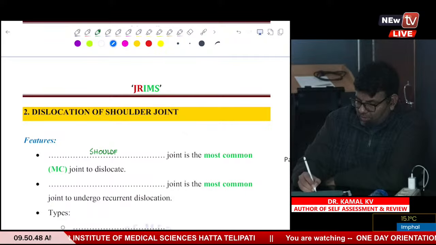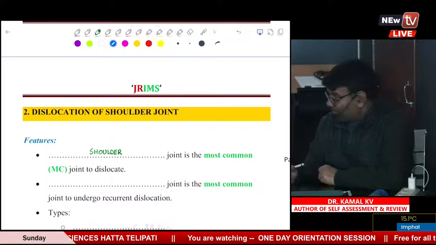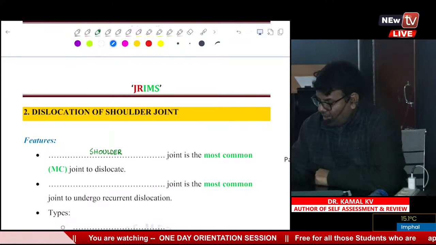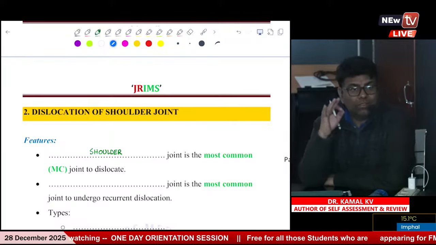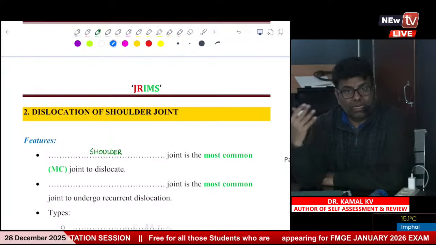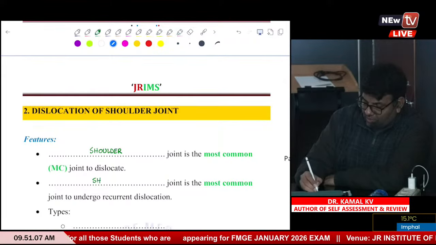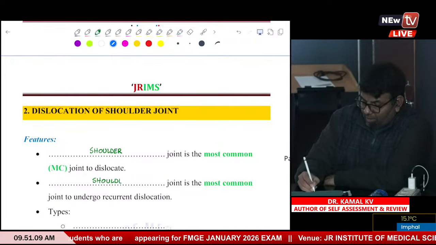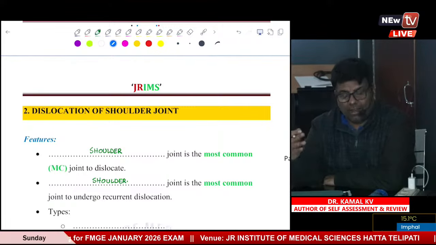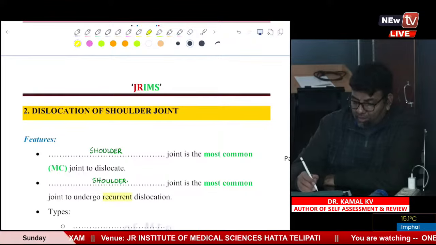So shoulder joint is the most common joint to dislocate in the body, and the problem with shoulder joint is that if it dislocates once, there is always a tendency of recurrent dislocation. So not only is it the commonest joint in the body to dislocate, it is the commonest joint to dislocate again and again. So that is very problematic with shoulder joint.